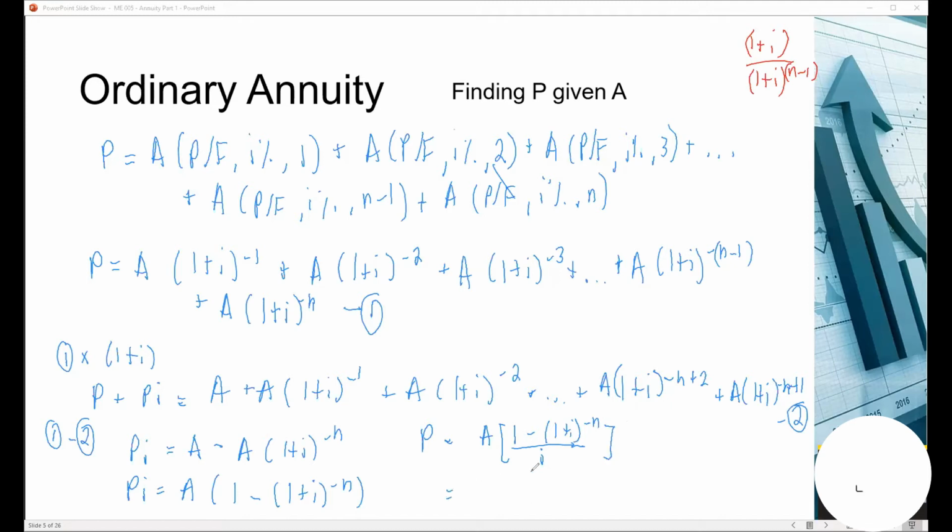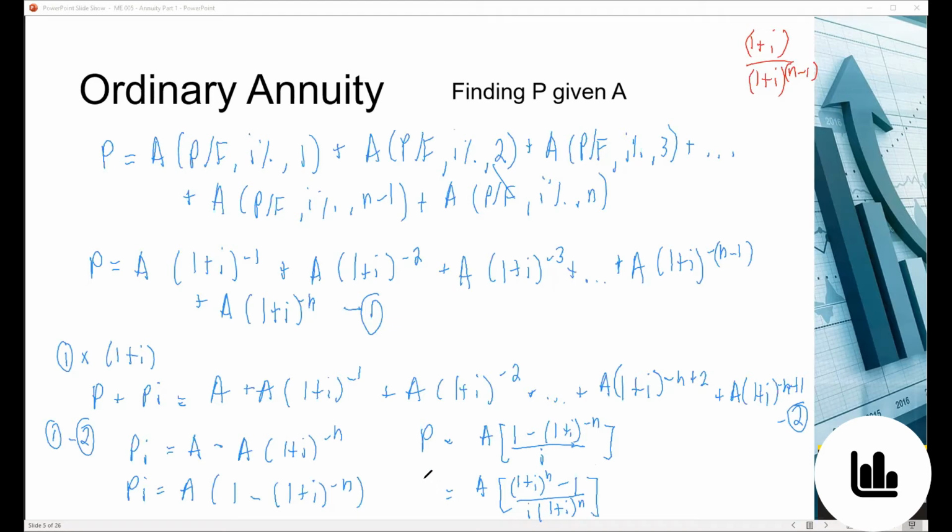Or, if we try to multiply this fraction by 1 plus I raised to n, ang mangyayari is A times 1 plus I raised to n. Pag minultiply dito, magiging minus 1, tapos I times 1 plus I raised to n.